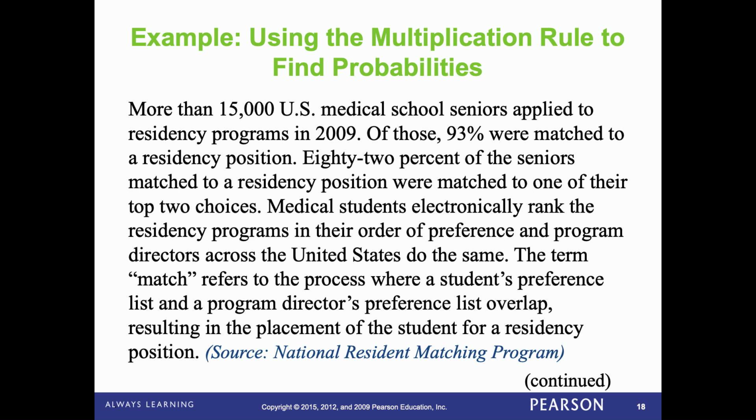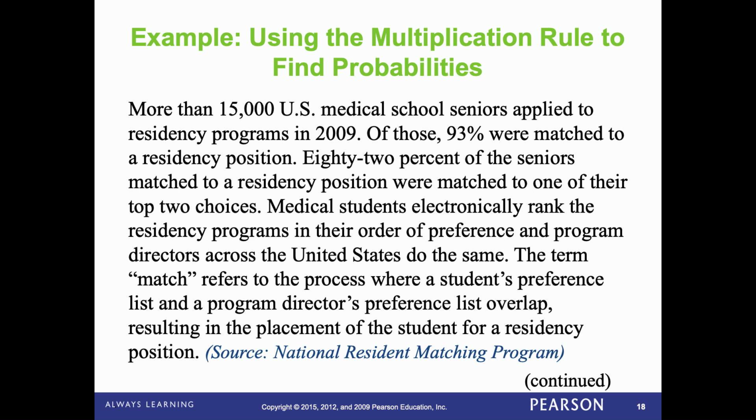Medical students electronically ranked the resident programs in their order of preference, and the program directors across the United States do the same. The term match refers to the process where a student's preference list and a program director's preference list overlap, resulting in the placement of a student for a residency position.